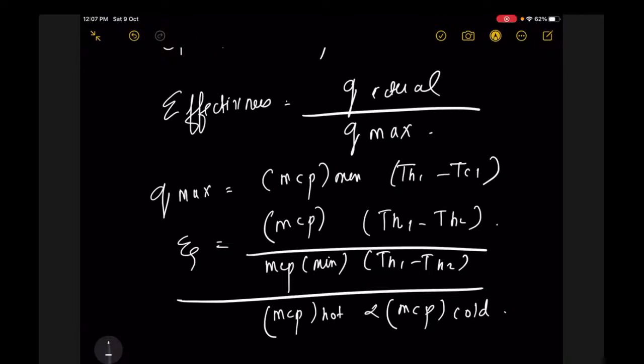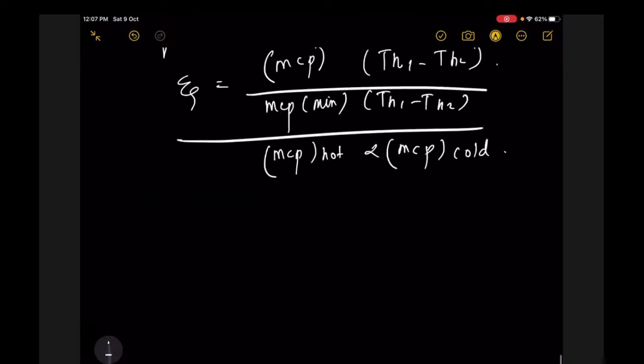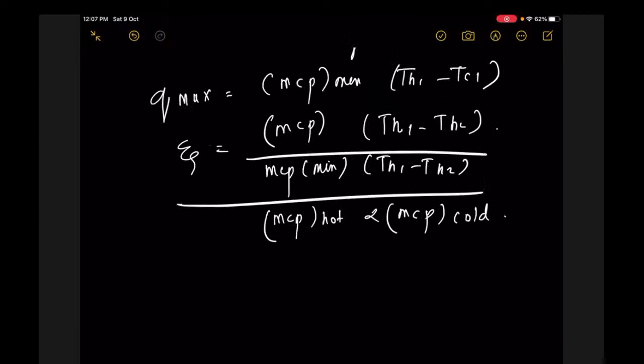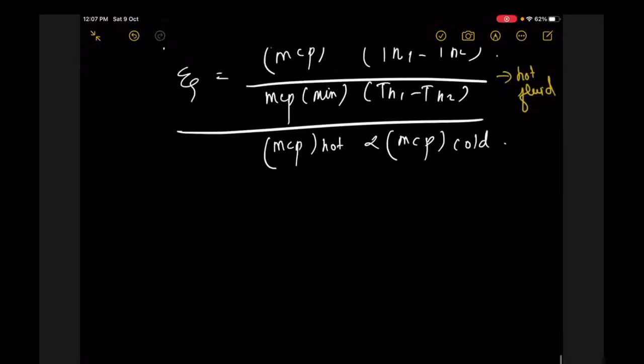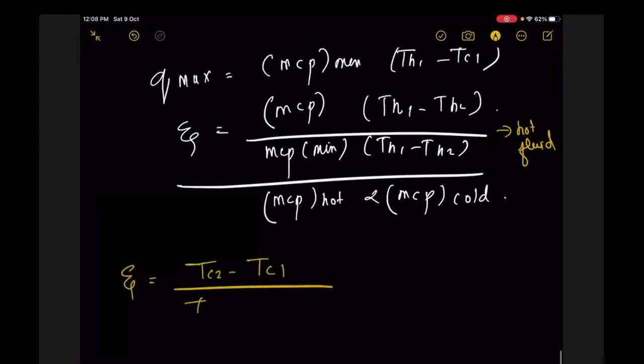Okay. So this is what we have written for the hot fluid. Similarly, you can write for the cold fluid also: TC2 minus TC1 upon, because here this will be cancelled. Sorry, this. You can rub this. This is the required condition for using this equation.